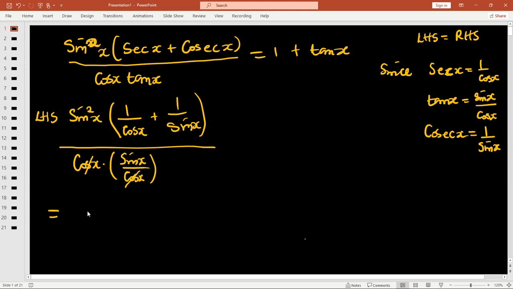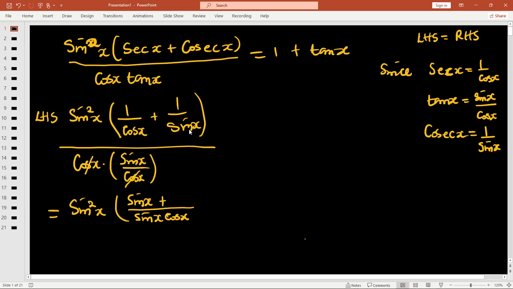So here we're going to have sin squared x, open brackets. So the common denominator of the fraction that we have on top there is just sin x cos x. So we have sin x cos x, like this here. Then cos x into sin x cos x will remain with sin x multiplied by 1. We just have sin x like this here.